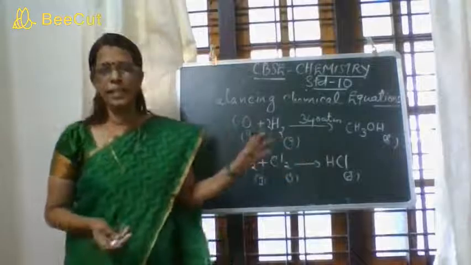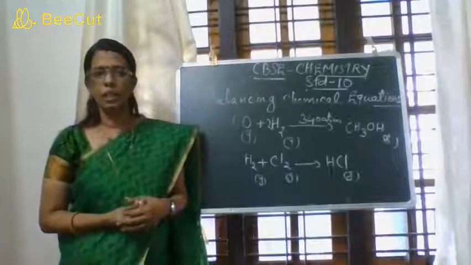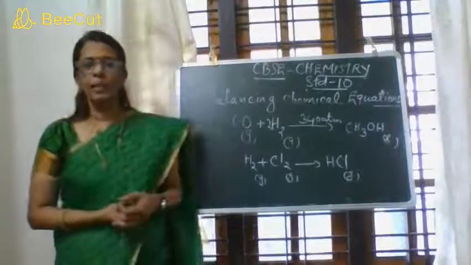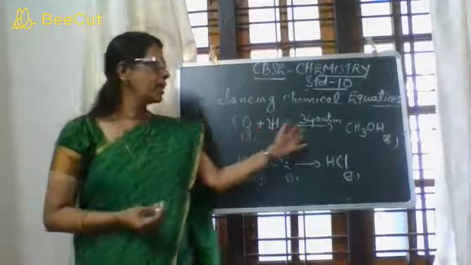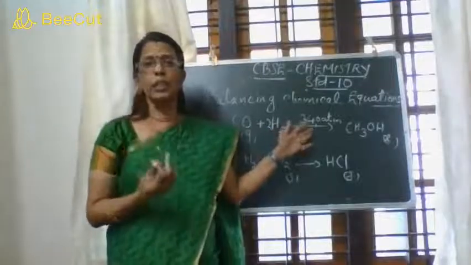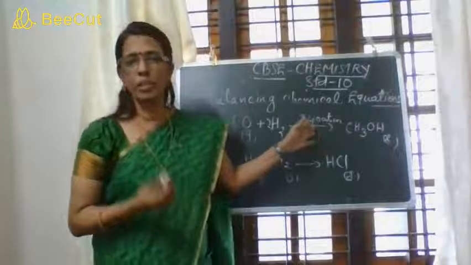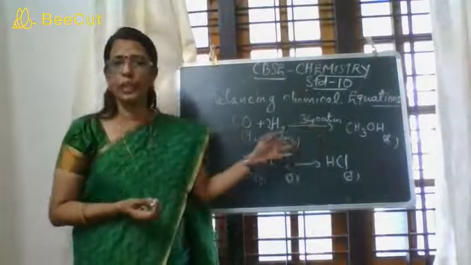That is, the pressure is indicated here above the arrow. So in a chemical equation, for understanding the pressure condition and temperature condition, and what catalysts are present, all these we can include in the equation by putting the pressure, temperature, catalyst, etc. above and below the arrow. We can put like that.